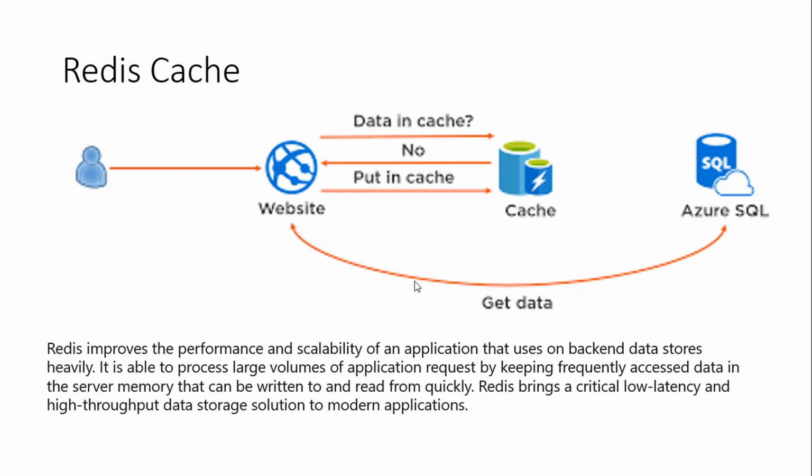The website needs to get data from Azure SQL, so you could put a Redis Cache in between, wherein the website requests the Redis Cache, and if the data is not there, Redis Cache gets it from SQL and puts it in its own cache. So the next time the application requires the data, it gets it from the cache itself. It doesn't have to go to the SQL server or the backend database. So it also improves the performance of your application. In a way, it improves the data delivery for the user.